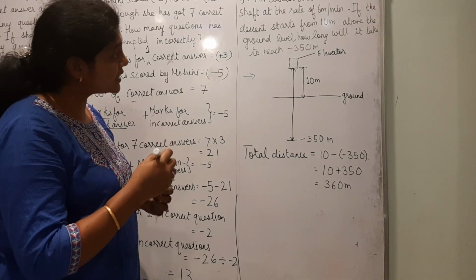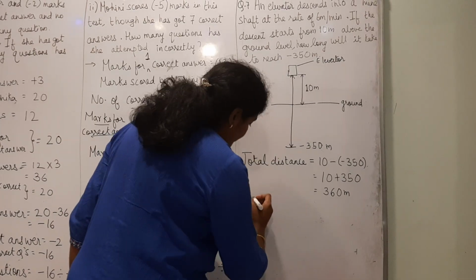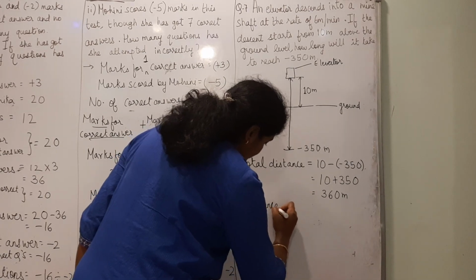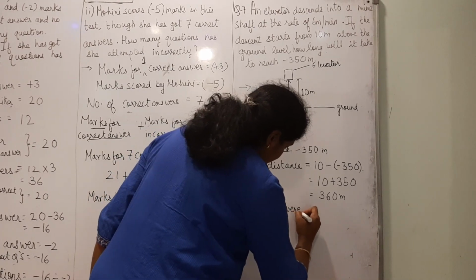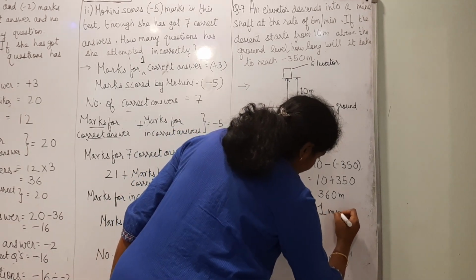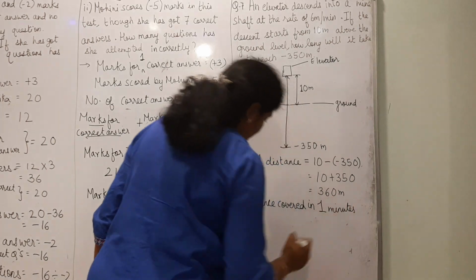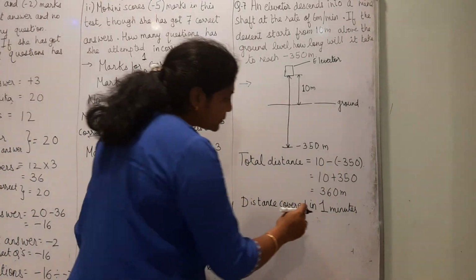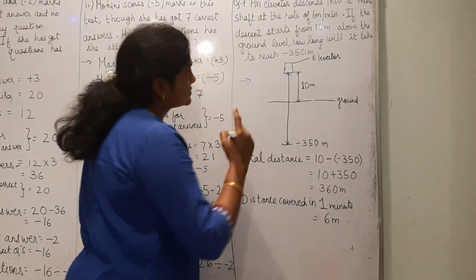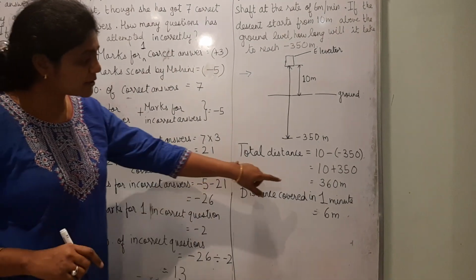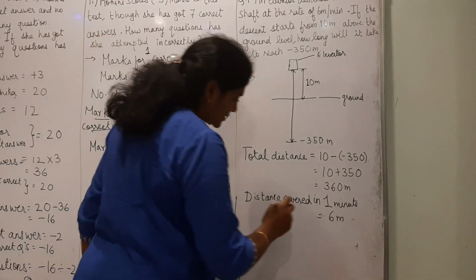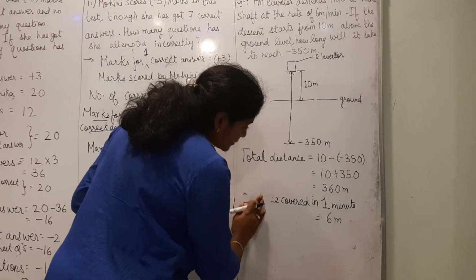Now the descending rate. The distance covered in 1 minute, that is decreasing. 1 minute, that is 6 meter. Now I have to find for 360 meter how much time it will take.